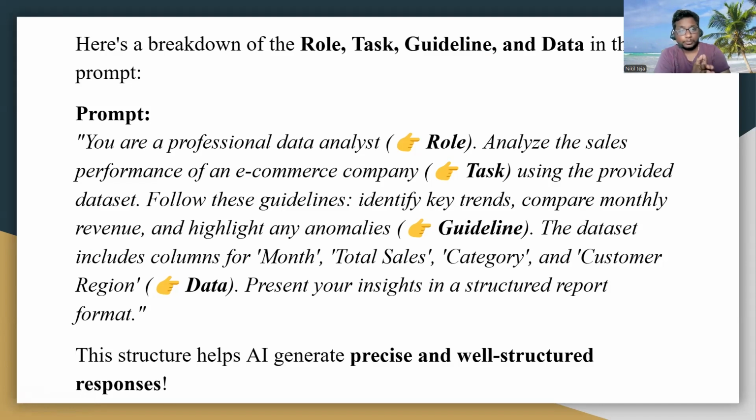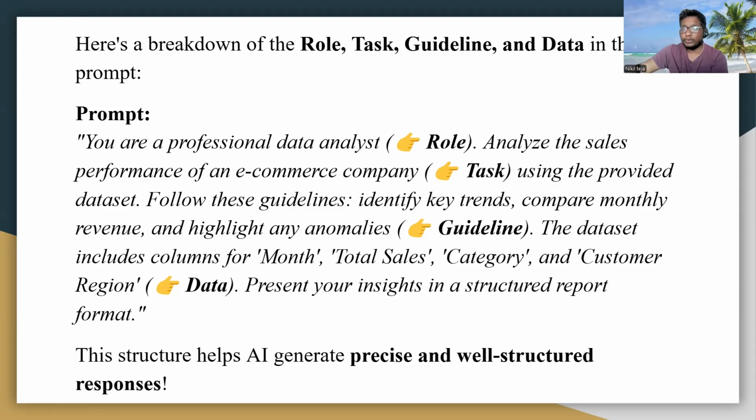See, for example, you gave a role and you asked ChatGPT or some AI to perform analysis of the sales performance of an e-commerce company. It does the task, but on what things it has to perform the analysis, it gets confused, right? So you have to give the instructions.